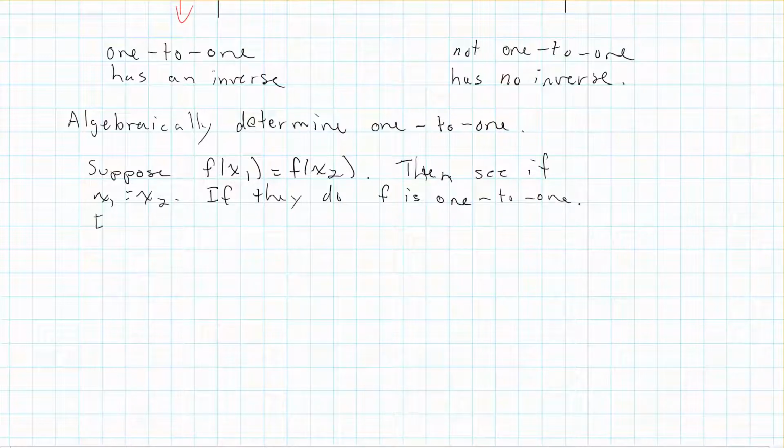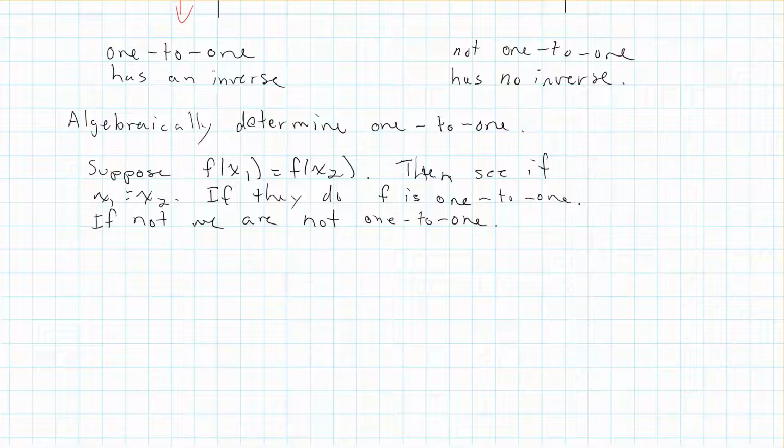If not, we are not 1-to-1. And to show something's not 1-to-1, you really only need one example of why it doesn't work.